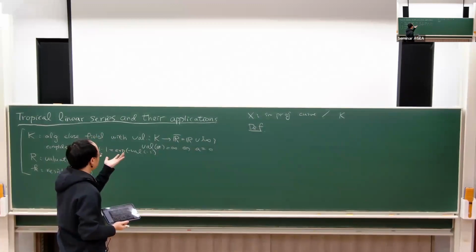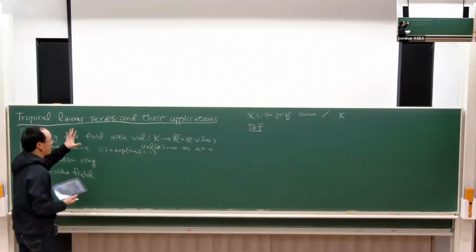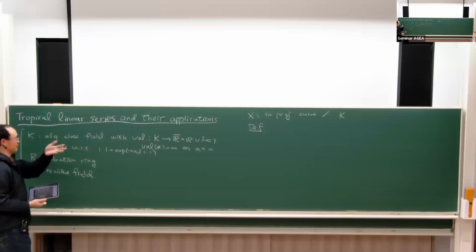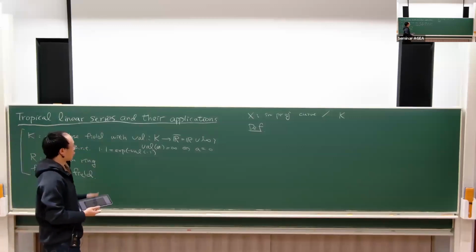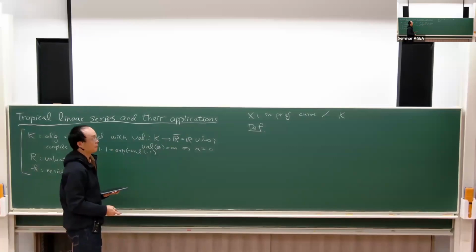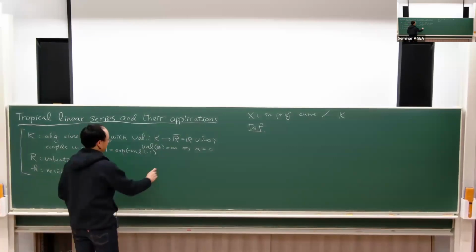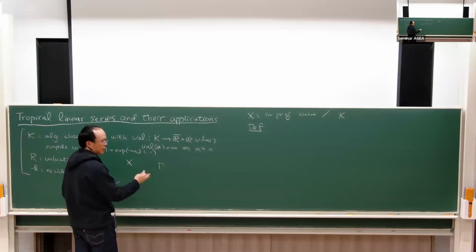Okay, so let me talk about this first. Originally I wanted to talk about this several minutes later. So roughly speaking, for each smooth projective curve with a semi-stable degeneration, we can attach a metric graph gamma. So we have X and we have gamma, and we have tropicalization maps.